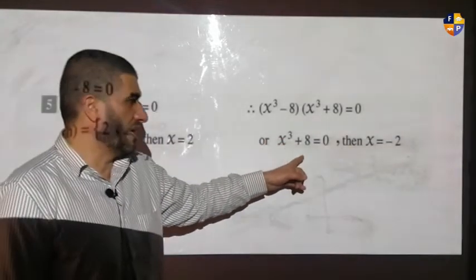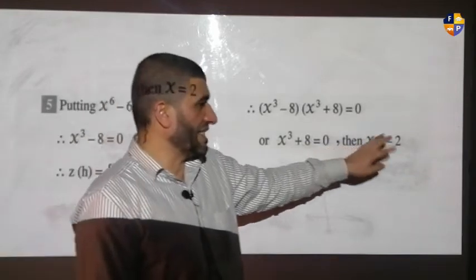And x power 3 plus 8 equals 0, then x equals negative 2.